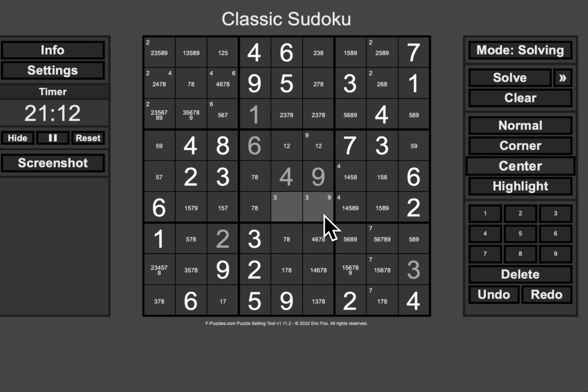See, these two cells have no center pencil marking on them yet. 1, 3, 4, 5, 7, 8, 9 as possibilities. This can't be 5 or 9. That can't be 9.